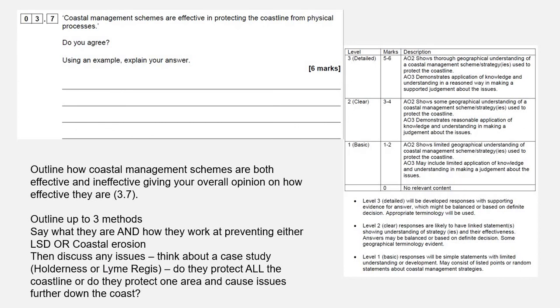So the next question is the 6 marker. Coastal management schemes are effective in protecting the coastline from physical processes. So you need to ensure that you are saying to what extent you agree, so strongly agree. For instance, a case study is a very good idea here, and you need to present the management schemes that are effective but do understand that sometimes they can have drawbacks.